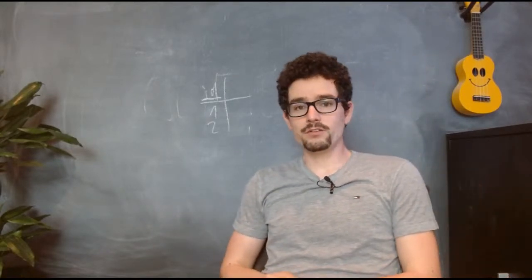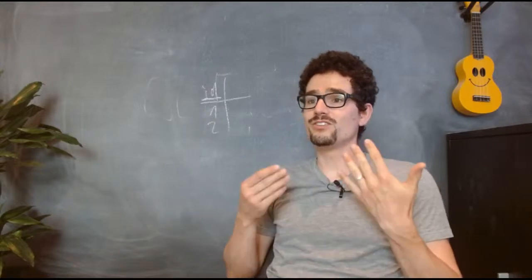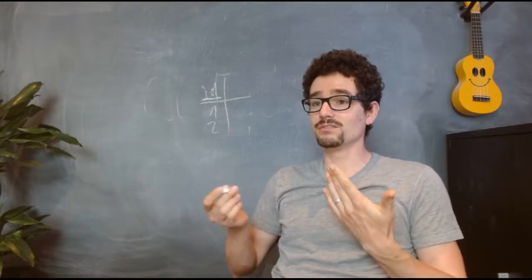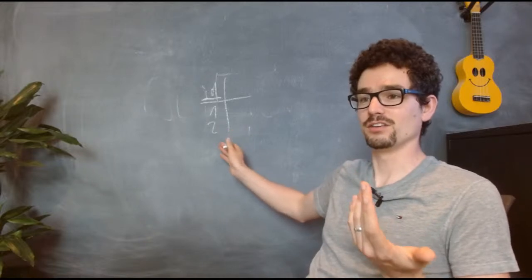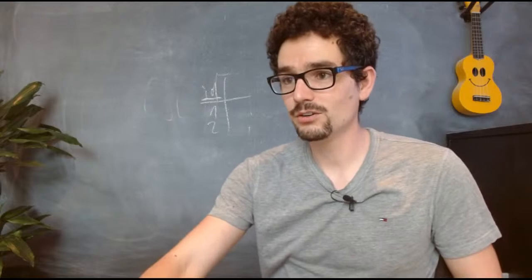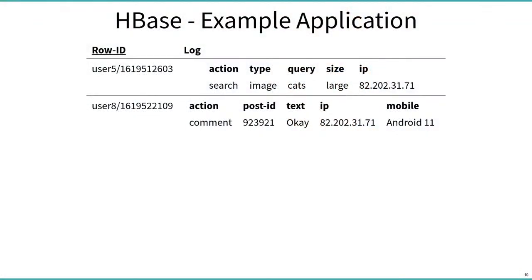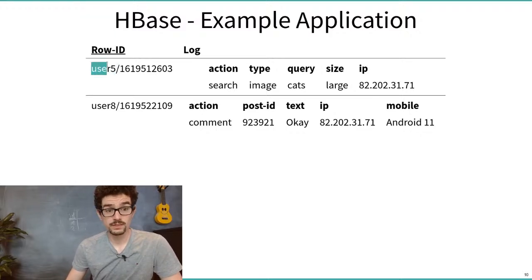In HBase we have to think a bit differently about how to design the row ID. Here we cannot speak of designing something, it is an integer, 1, 2, 3, 4, 5. But let's take a look at this example. Here the row ID, first of all, is the word user, then the user ID, then a slash, and then a timestamp.